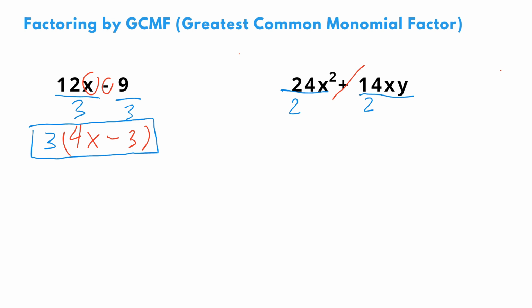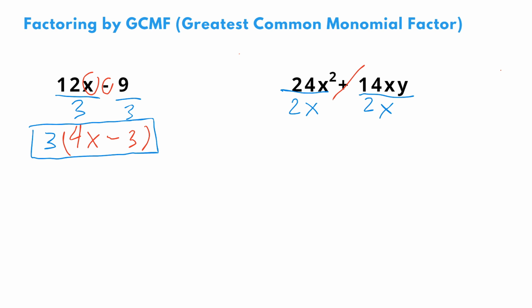Now, let's go with the variable. We have here x squared, and then we have xy on the second term, right? Now, do we have a common variable? Yes, we have. And that's actually the x, right? That's going to be part of the GCMF. Now regarding the power, what do we put? Because there is x squared and then there is the x, right?